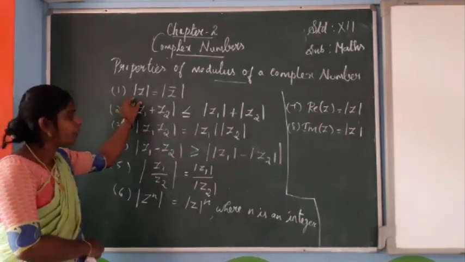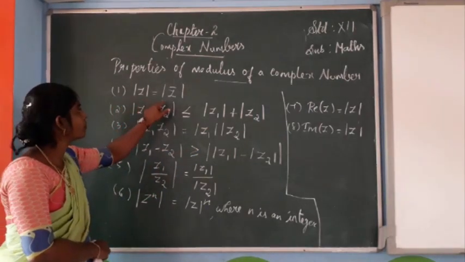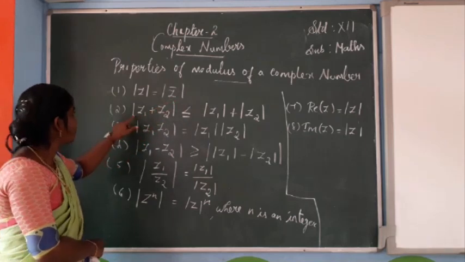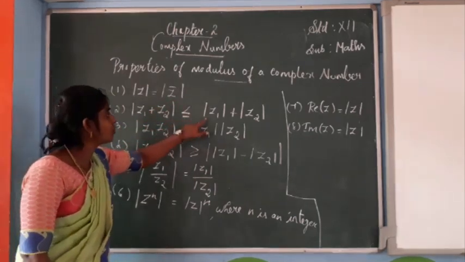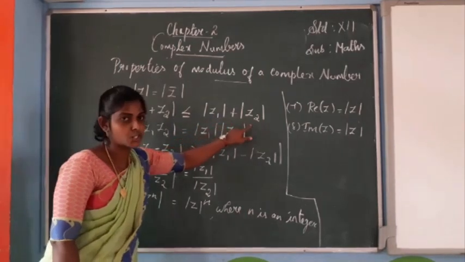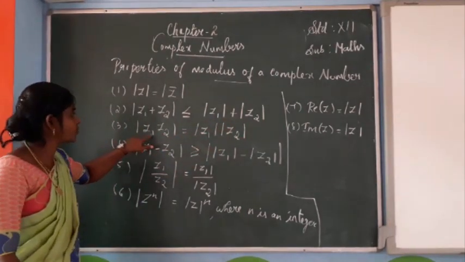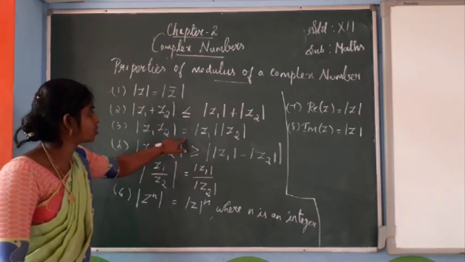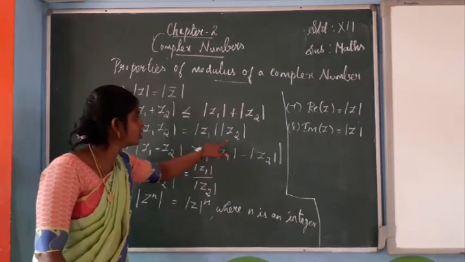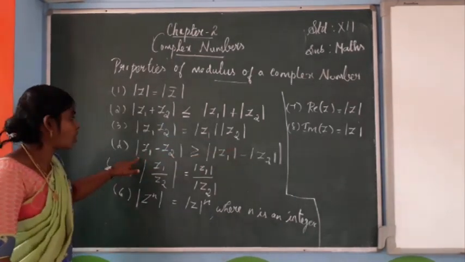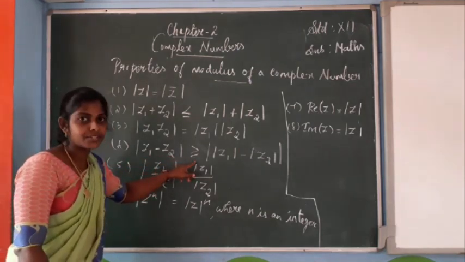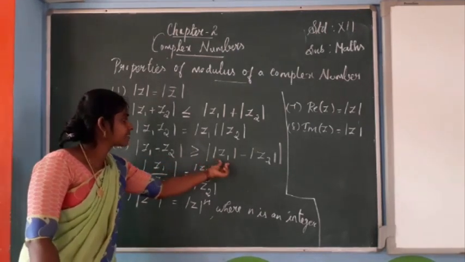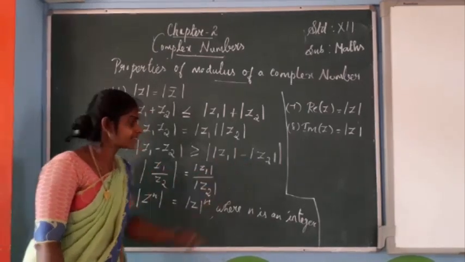So first one, modulus z is equal to modulus z bar, modulus z1 plus z2 less than or equal to modulus z1 plus modulus z2. Modulus z1 into z2 is equal to modulus z1 into modulus z2. Modulus z1 minus z2 greater than or equal to modulus z1 minus modulus z2.